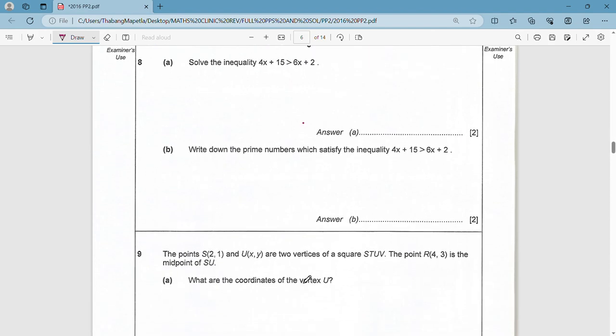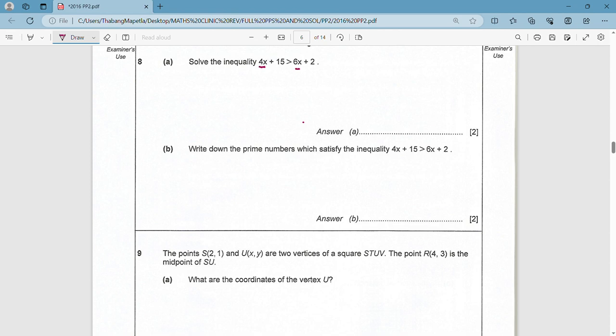Question number 8, it says solve the inequality below. For such an inequality, I usually advise people that you have to take the x value with a smaller coefficient to the other side. So here we have a 4 and we have a 6. We take the 4 to that side: minus 4x, minus 4x.